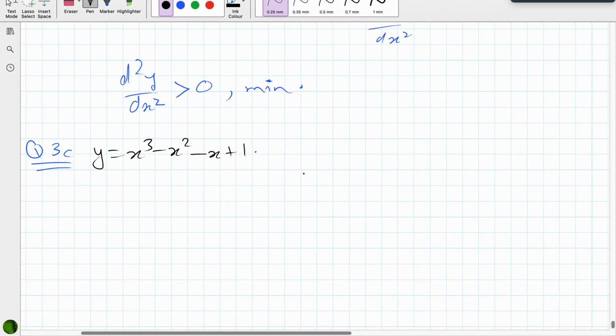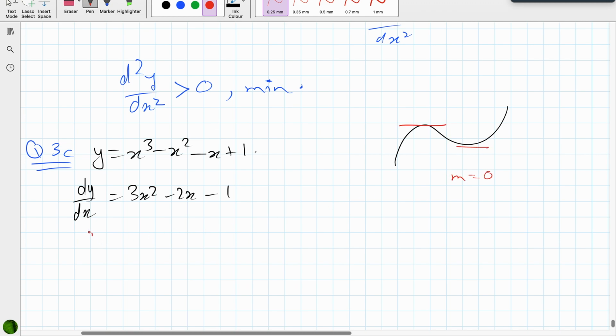Now we know this is cubic, so we should have two turning points. When we go for dy by dx, this is 3x squared minus 2x minus 1. And we know that at the turning points, the gradient is equal to 0. So 0 is equal to 3x squared minus 2x minus 1. Now we solve for values of x.